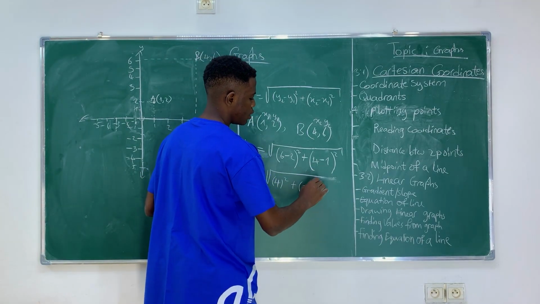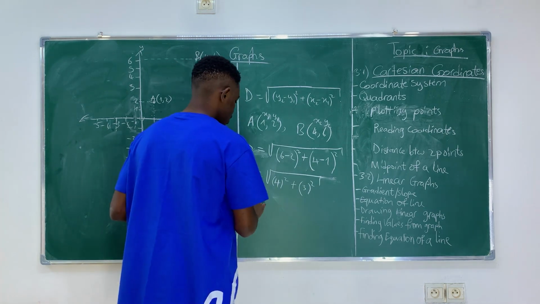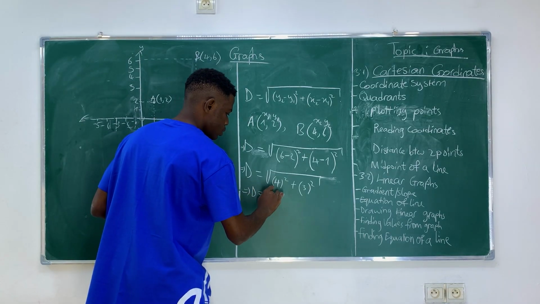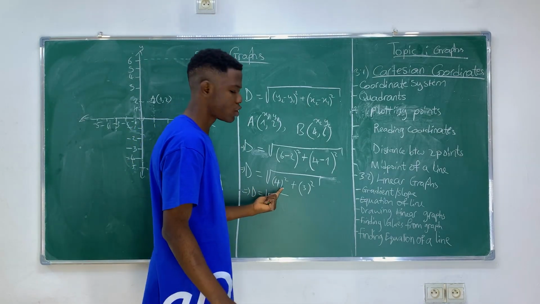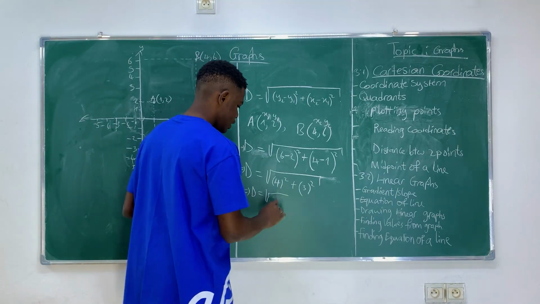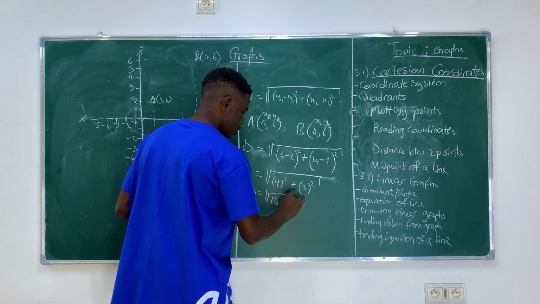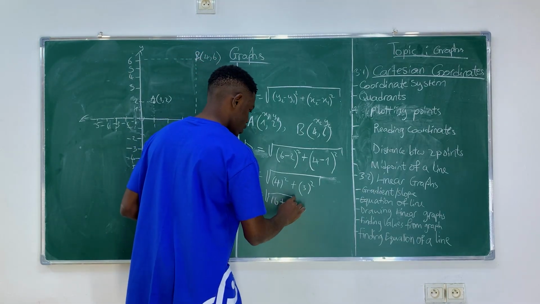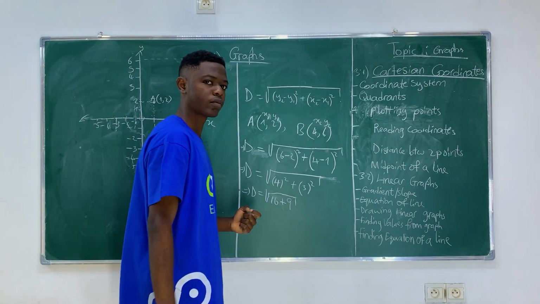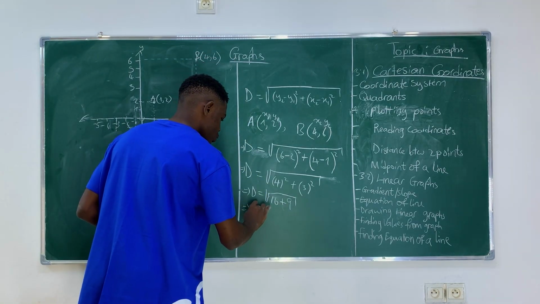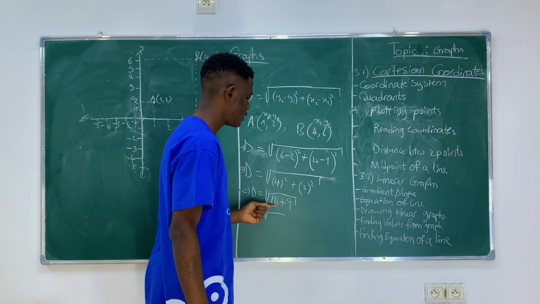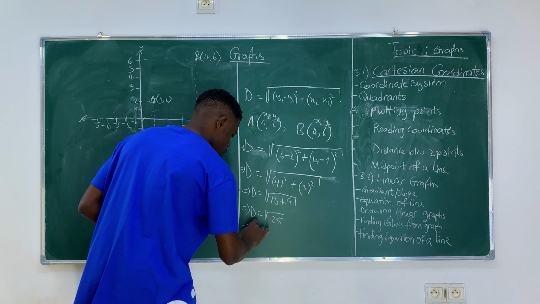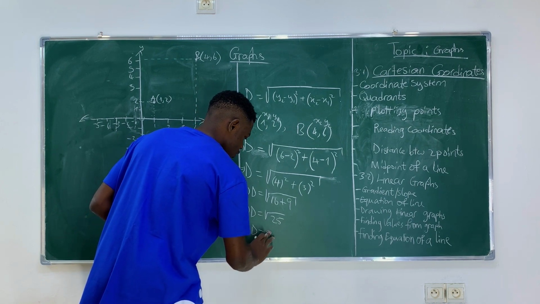Have 3 squared. So D is equal to the square root of 4 squared, 4 times 4, 16, plus, what is 3 squared? 3 times 3, 9. This is going to be equal to the square root of, what is 16 plus 9? 25. And what is the square root of 25? 5.